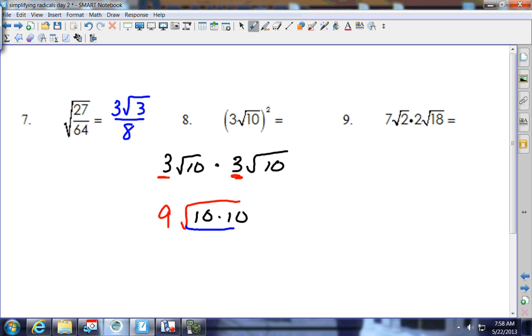Yes. Okay, we'll go back to that one in a minute. 10 times 10, the 10 comes outside. Nothing is left in this square root sign, so the square root sign goes away. 9 times 10, 90. So your answer to this one is 90.